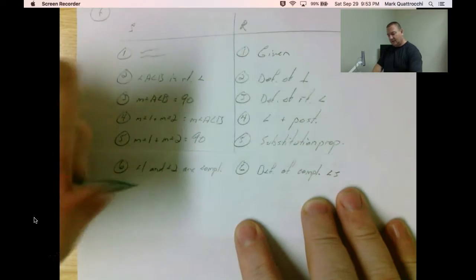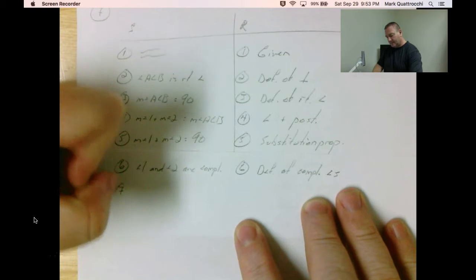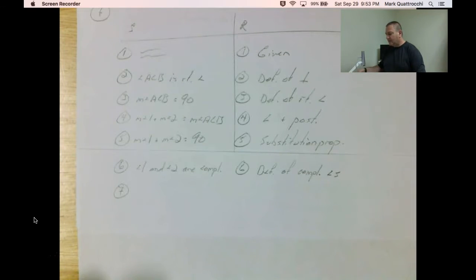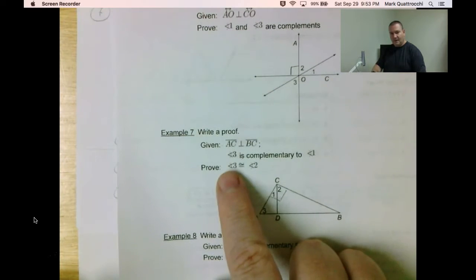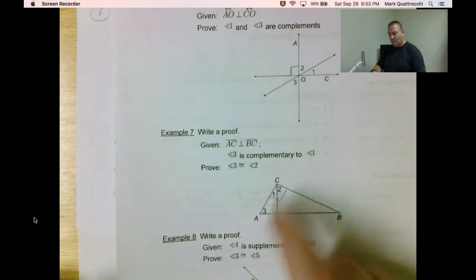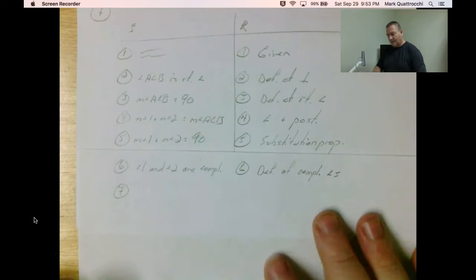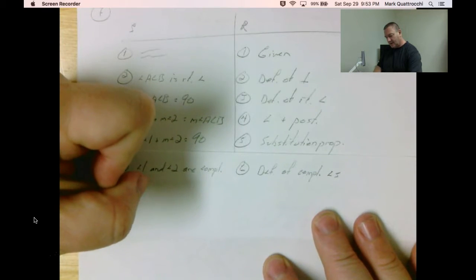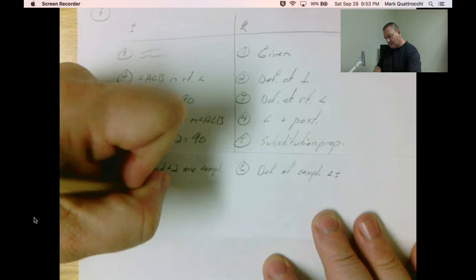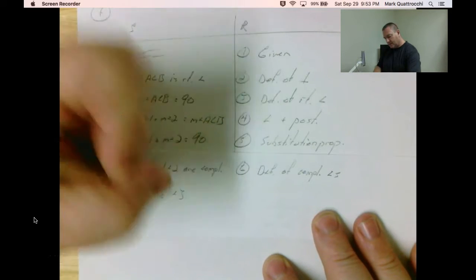Okay, statement 7. Because in my given information I have angle 3 is complementary to angle 1, I can now say angle 2 is congruent to angle 3.